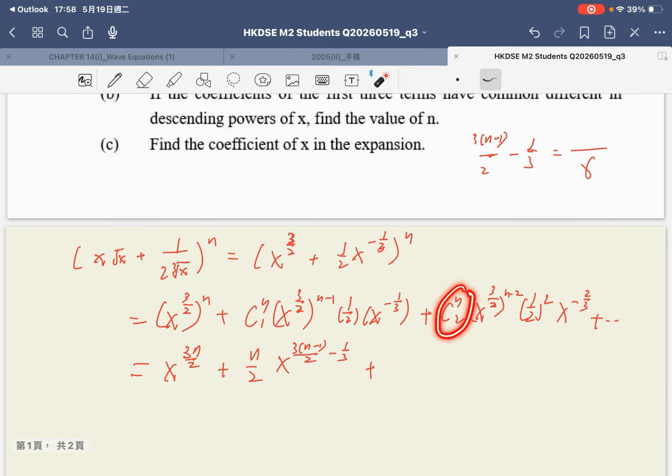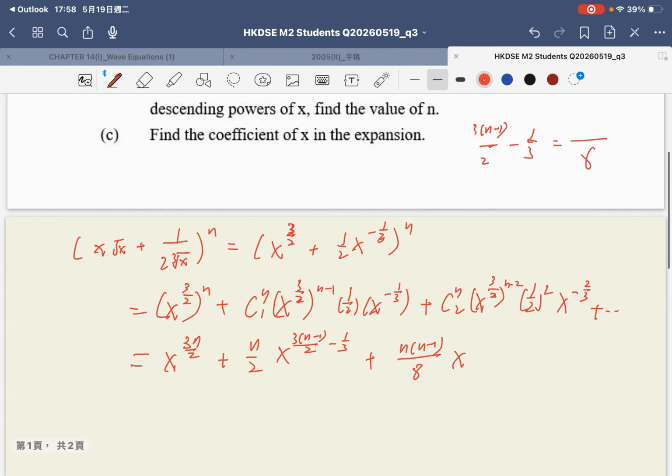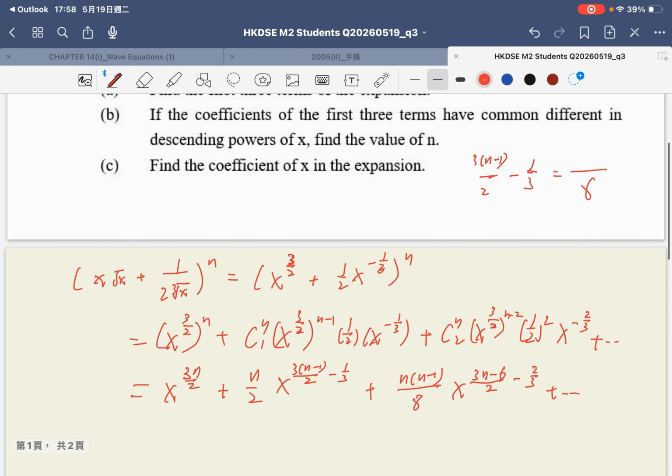And nC2 gives coefficient n(n minus 1) over 2, and then over 4, that's 8. The denominator is 8. Then x to the power should be, let me check, (3n minus 6) over 2 minus 2 over 3. That is the three terms of the expansion.